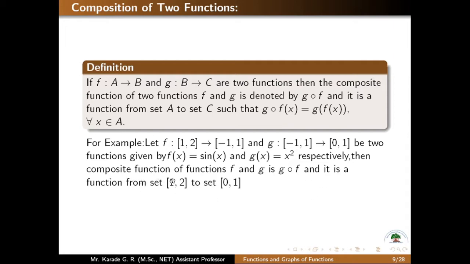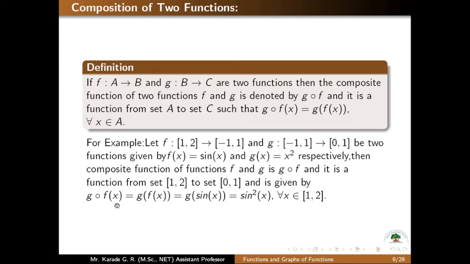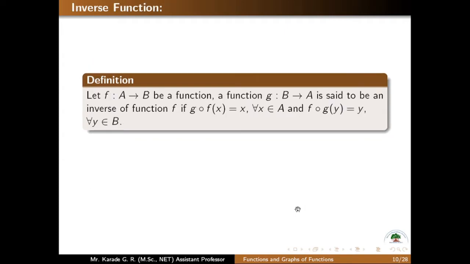Then the composite function of f and g is g∘f, and it is a function from the closed interval [1, 2] to the closed interval [0, 1], and it is given by (g∘f)(x) equal to g(f(x)) equal to g(sin x) equal to sin²x for all x belonging to the closed interval [1, 2].